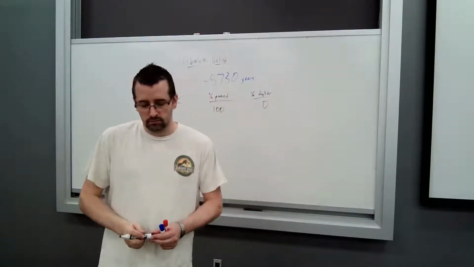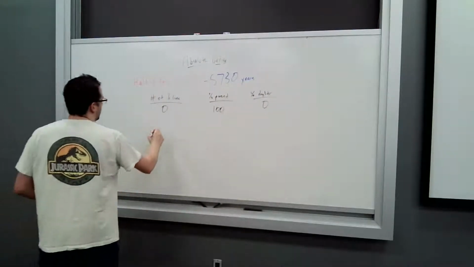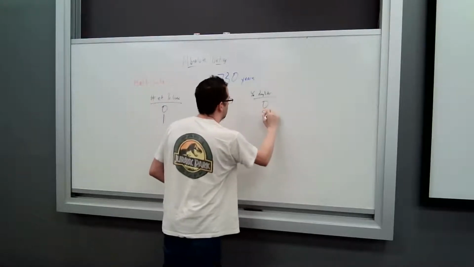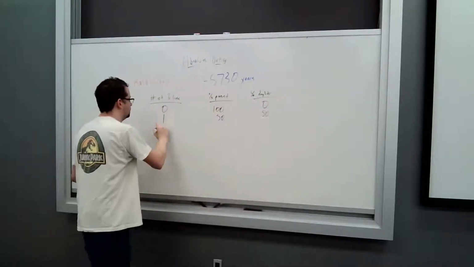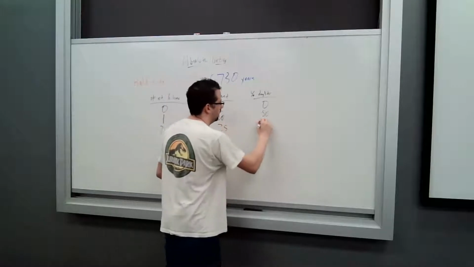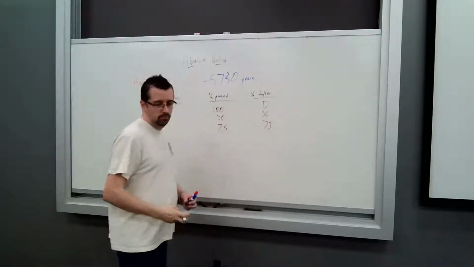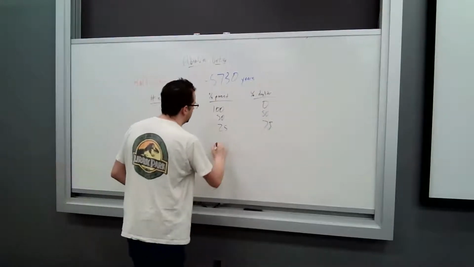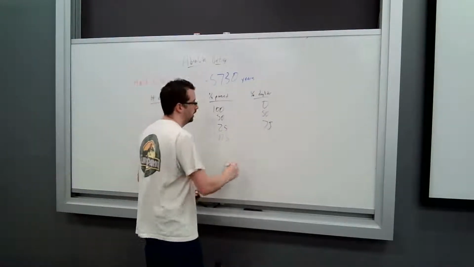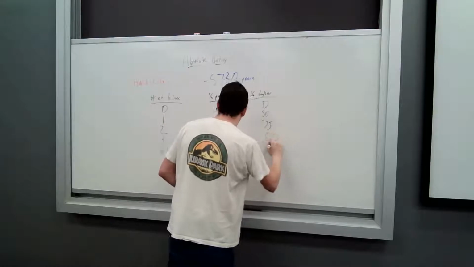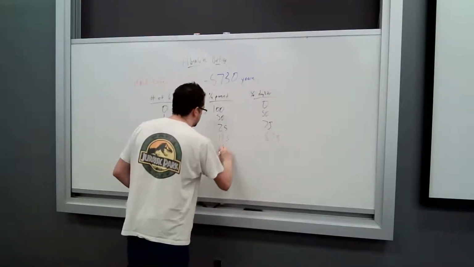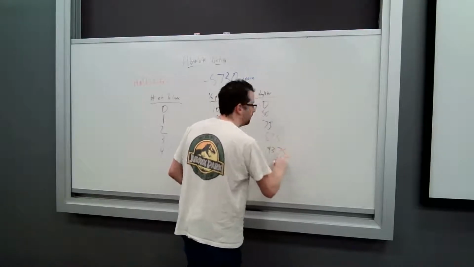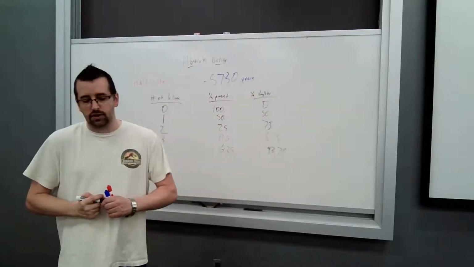But with 1 half-life, now you're 50-50. 2 half-lives, 25-75. Then 3 half-lives, 12.5 and 87.5, and then from here you have 6.25 and 93.75. And so on and so forth.